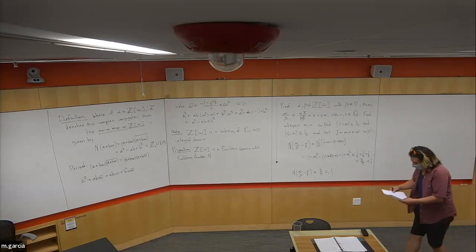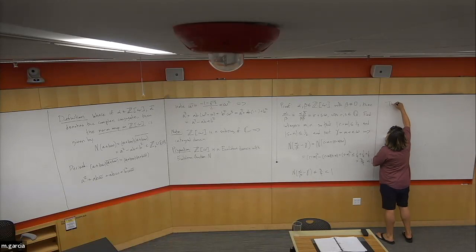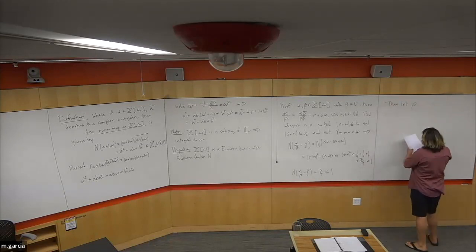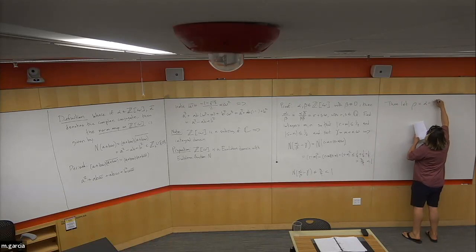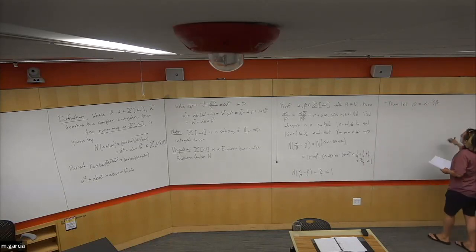So now, what we'll do is let rho be equal to alpha minus gamma beta.